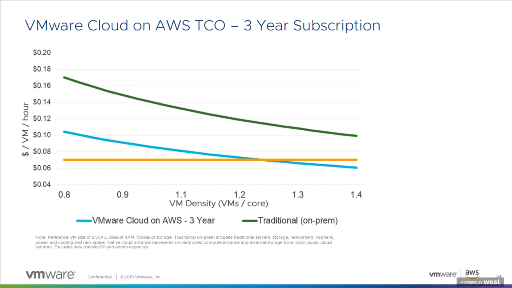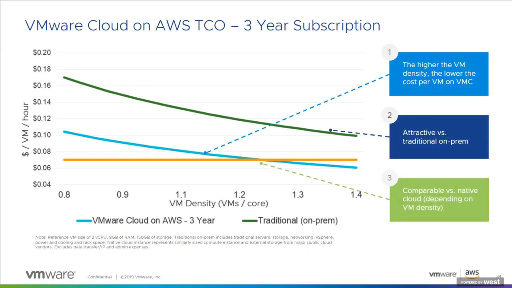First, the VMware Cloud on AWS solution is compared with an average traditional, 3-tier on-premise environment. Naturally there'll be a range for the cost depending on factors such as hardware, labor efficiency, and so on for the on-premise data center. The green line represents the average numbers that we see across the customer base.